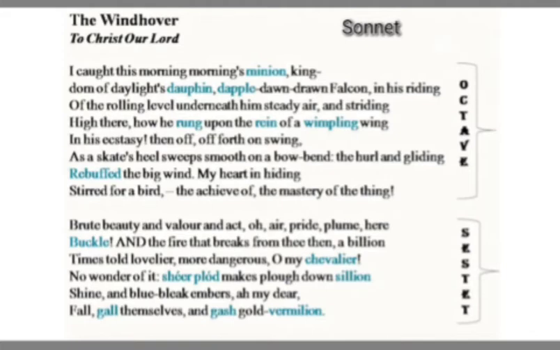So here in this sentence, morning's minion is an alliteration, because the starting letter of each word is the same. Again, we can see another example in the next line: daylight, dolphin, dapple, dawn, drawn. This is also an example of alliteration.